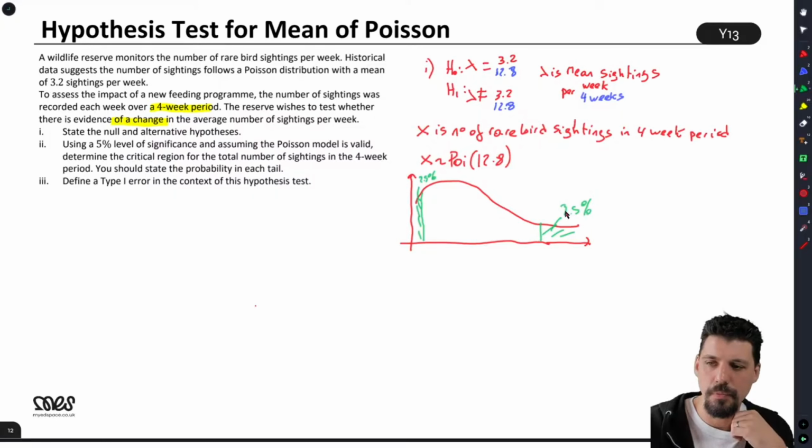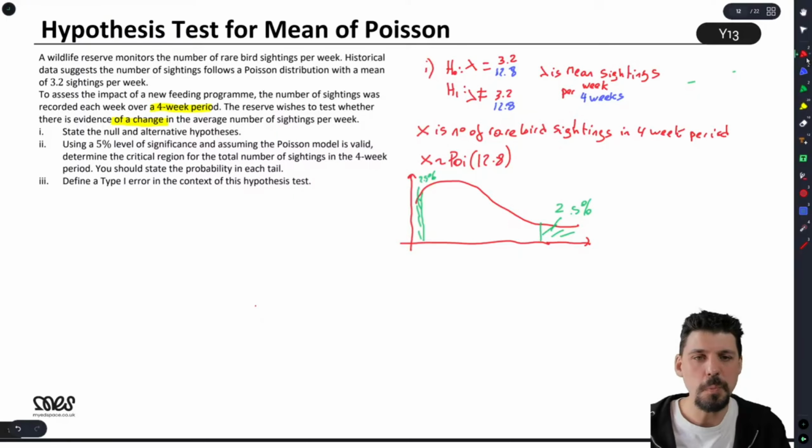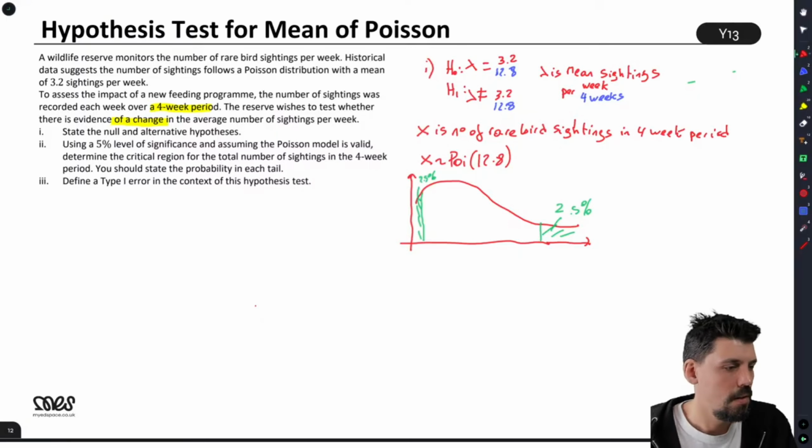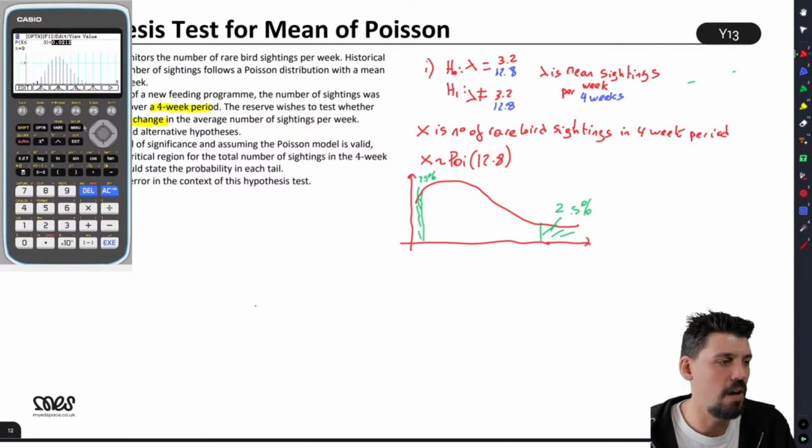Now, this is where we're going to use our distribution mode, and this is where it really comes into its own, but I'll do them using both. This is a discrete distribution, so we're not going to get exactly 2.5% in both.